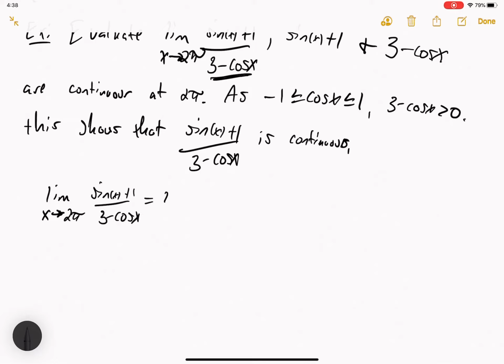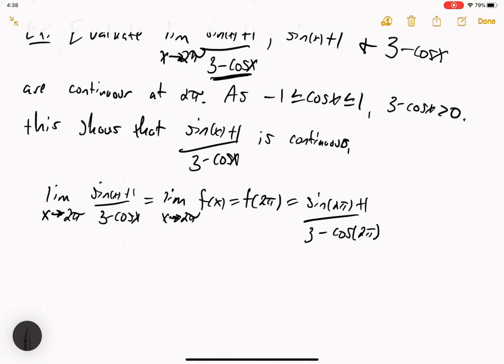Calling this f of x, the limit is equal to f of 2 pi, which is sine of 2 pi plus 1 divided by 3 minus cosine of 2 pi, which is just going to equal 1/2. So the limit we got is just 1/2.